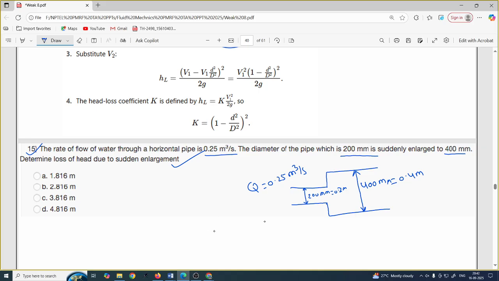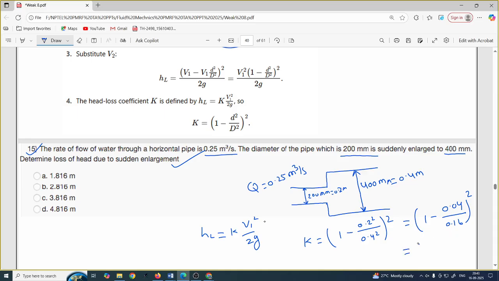For head loss, you know the formula, sudden enlargement K V1 square by 2g. So you need to calculate K. What is K? 1 minus small d square, that means 0.2 square divided by 0.4 square, to whole square. 1 minus 0.04 by 0.16, whole square.